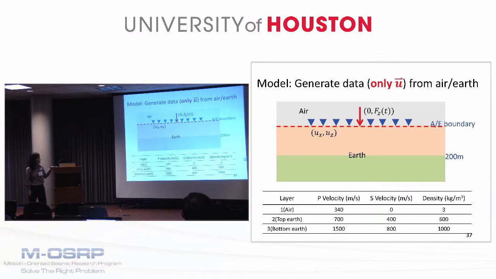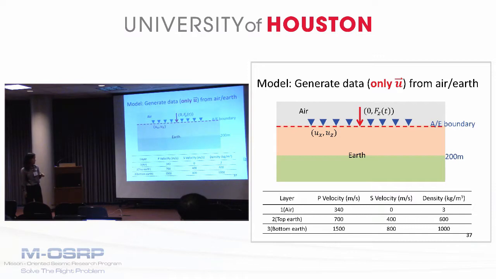In addition to that, the receivers are right beneath the air-Earth boundary. At this time, we only generate the displacement ux, uz, and we assume we do not have traction anymore. So next, let's input Fz, ux, uz to that simplified algorithm.